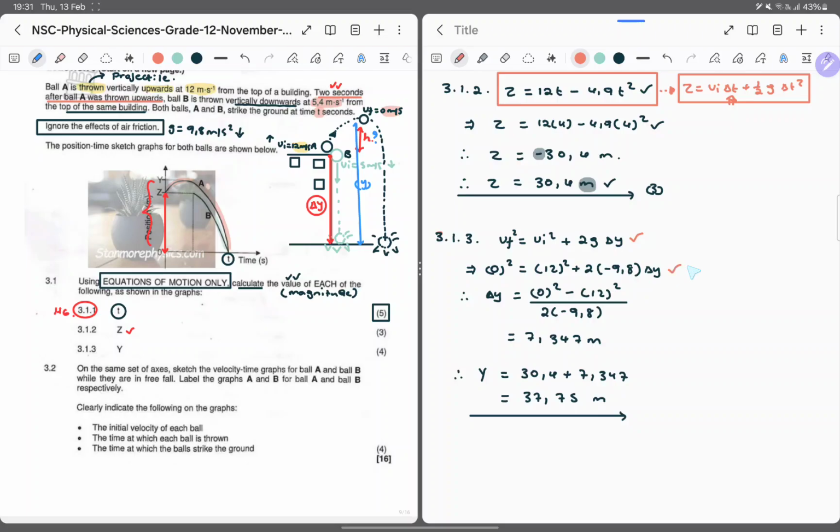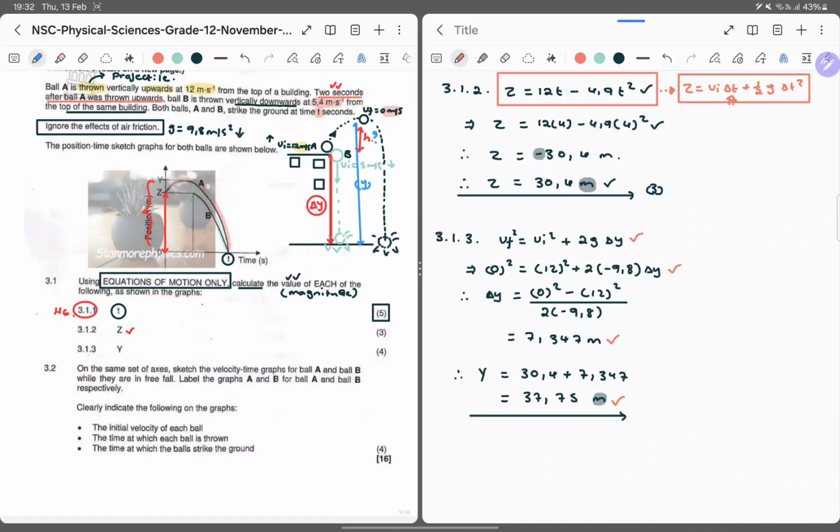Nice equation, substitutions, intermediate answer, final answer. Please, the unit of measurement must always come out for this to be correct. Remember, at this point, the direction is not an issue, okay? Although this is position, but because we are only looking at the value, we are not interested in direction.